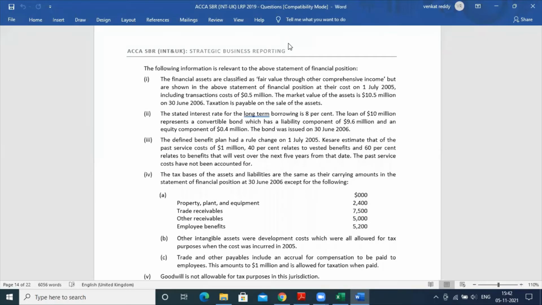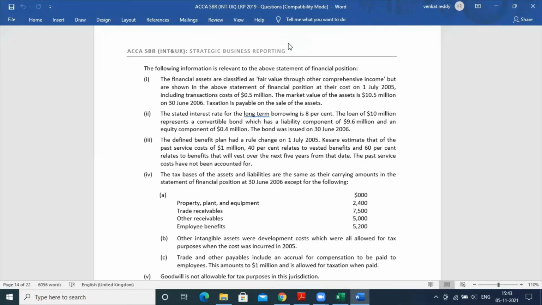So the property, plant and equipment as per tax base is only 2,400, and the trade receivables as per tax base is 7,500, and other receivables is 5,000 as per tax base, and employee benefits as per tax base is 5,200. And other intangible assets were development costs which were all allowed for tax when the cost was incurred in 2005. So it means other intangible assets, it is related to development expenses.